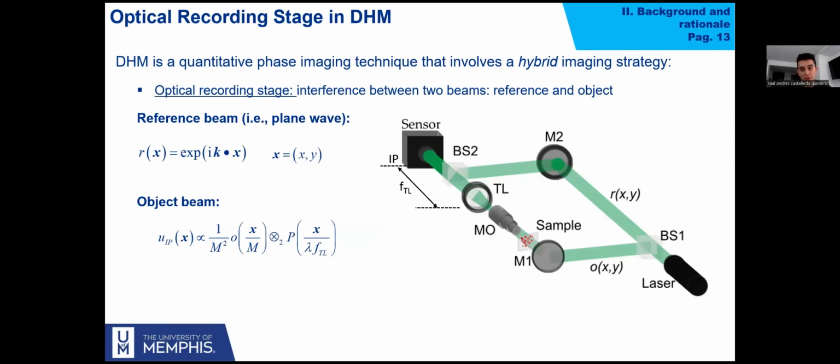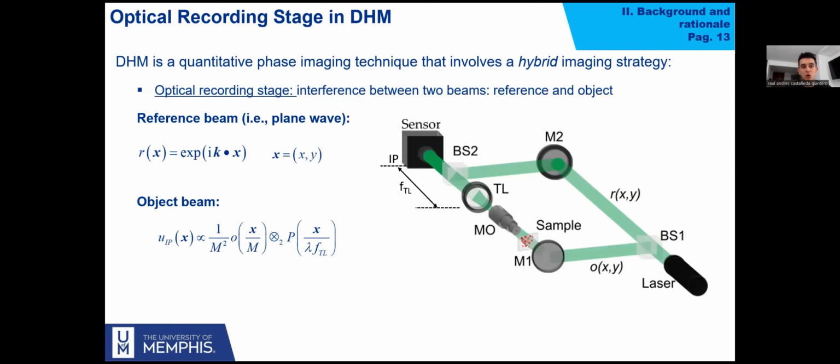The light that is provided by a laser is split in two beams: the reference beam and the object beam. The reference beam is, for simplicity, a plane wave. And the object beam is the convolution between the magnification of the imaging system and the pupil of the microscope objective.